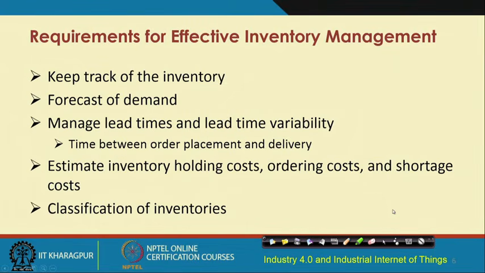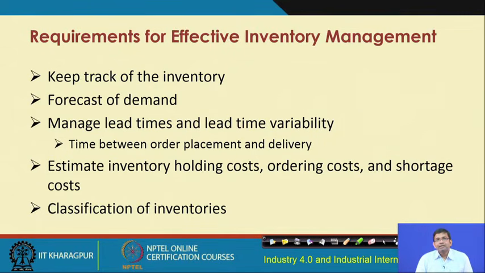So, for effective inventory management, it is required to keep track of the inventory, to forecast the demand, to manage the lead times and the lead time variability. So, what is this lead time? Basically, this is the latency or the lag between the placement of the order and the delivery of the order.